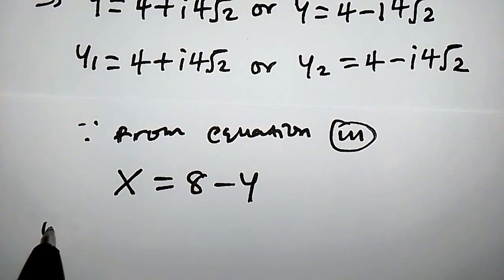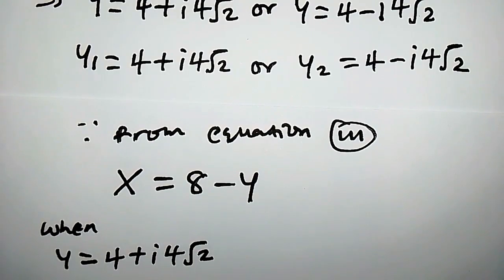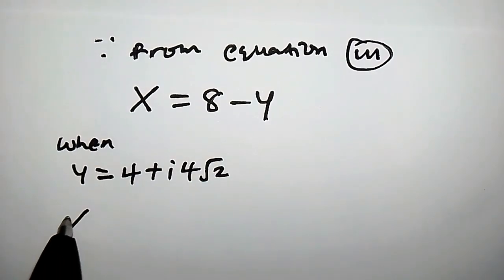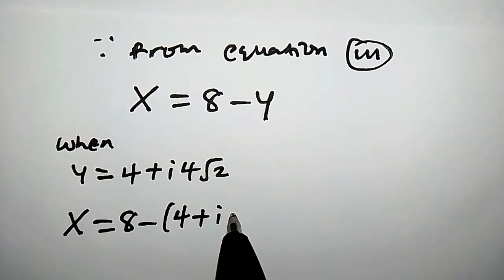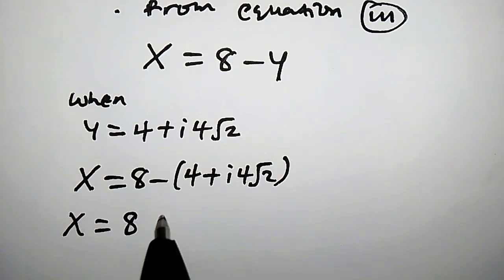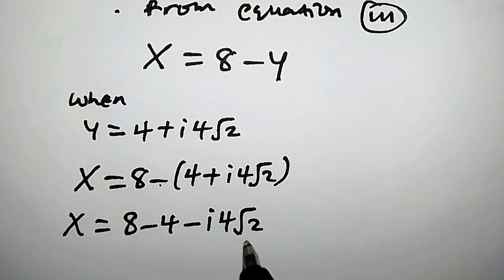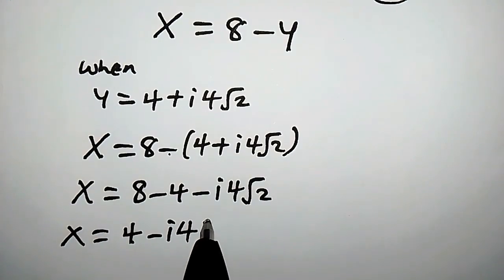Considering this one first, when y is equal to 4 plus i times 4 root 2, what will now be the value of x? We just have to plug it into this equation. So we have x equal to 8 minus 4 plus i times 4 root 2. This shows that x is equal to 8, minus times 4, that is minus 4, minus times plus, that is minus i times 4 root 2. x is equal to 8 minus 4, that is simply 4, minus i times 4 root 2.